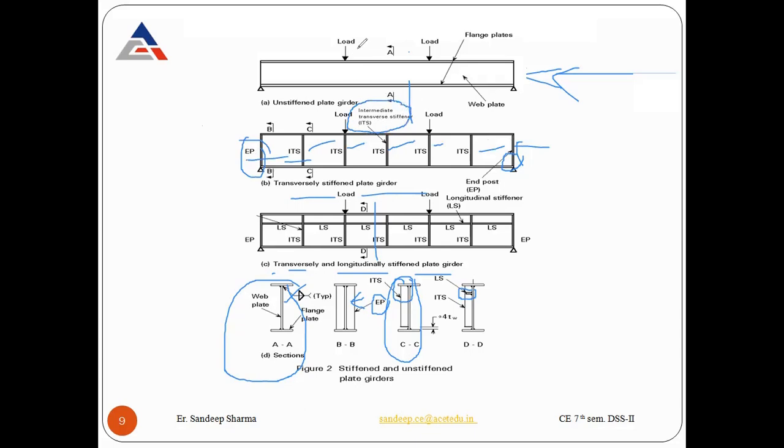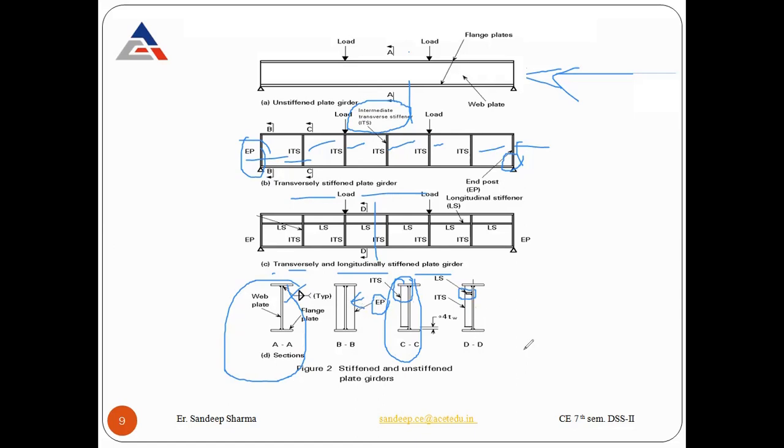Okay, so all these four sections that you can see here. Sections AA and BB have only the transverse stiffener. Section C has only the intermediate transverse stiffeners, and these are the two end posts that you can see from section BB.